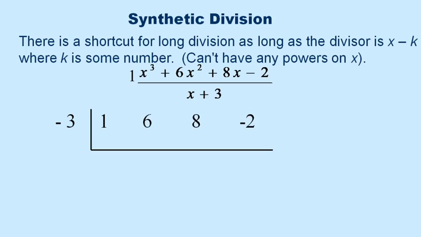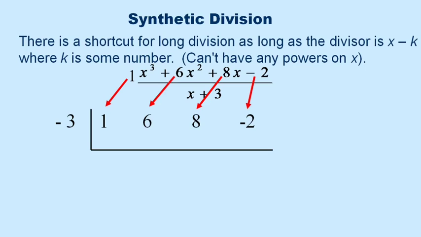The coefficients are 1, 6, 8 and minus 2, where the first term is 1x cube, so the coefficient is 1. The second term is 6x square, so the coefficient is 6, then 8 and minus 2. We will arrange all the coefficients in this way.